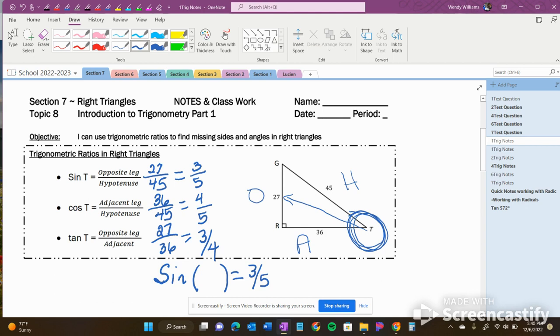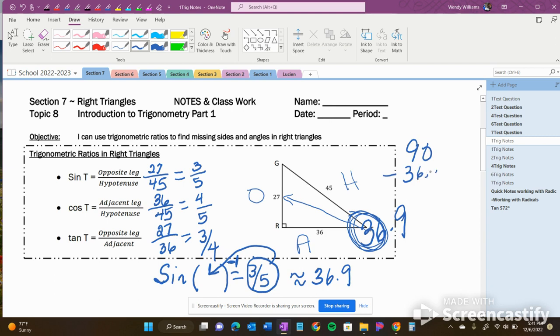And recall in class we said, hey, if you're going to go back and get the angle, we use the second sine key, take the fraction, put it in, and hit second sine. And we got that the angle was about 36.9. And if this angle is 36.9, then we said, hey, the two acute angles have to add up to 90. So 90 minus 36.9 told me that the other missing angle had to be 53.1.